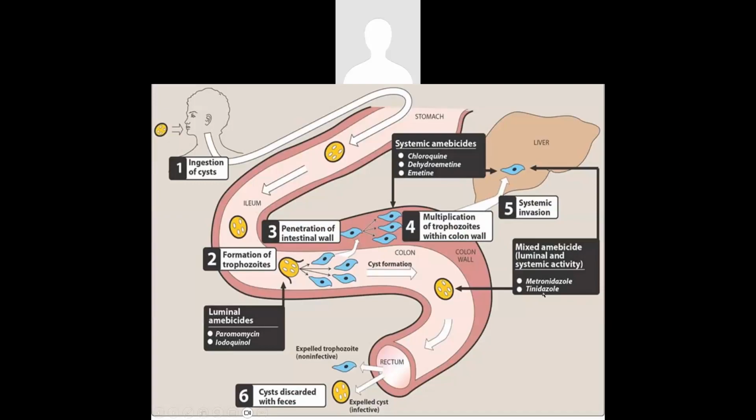We give tinidazole and metronidazole. For only luminal amoebiasis, we give paromomycin. For the formation of the trophozoite, we have a certain antibiotic, which is diloxanide, and so on. For systemic amoebiasis, chloroquine, dehydroemetine, and emetine. This is for systemic, this is for mixed, and this is for luminal amoebiasis.